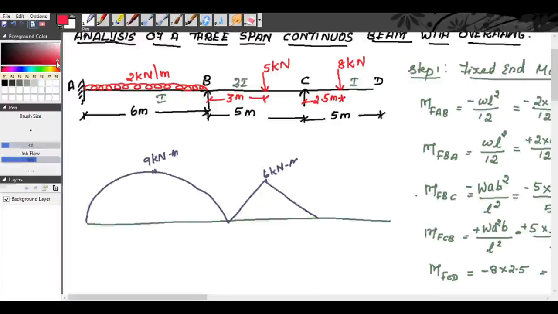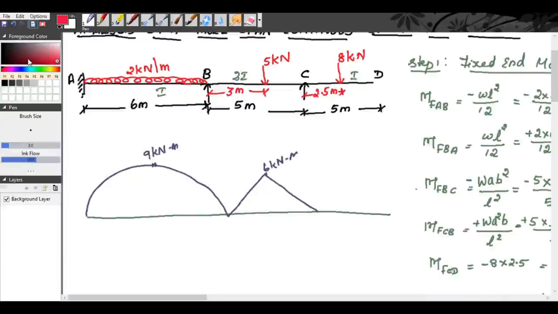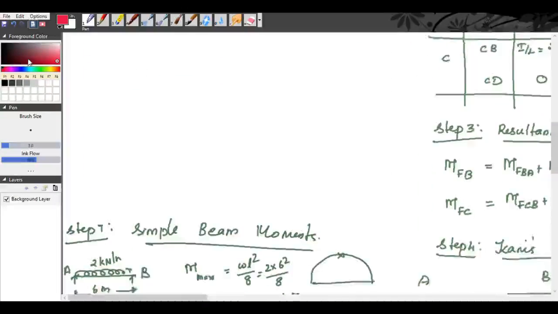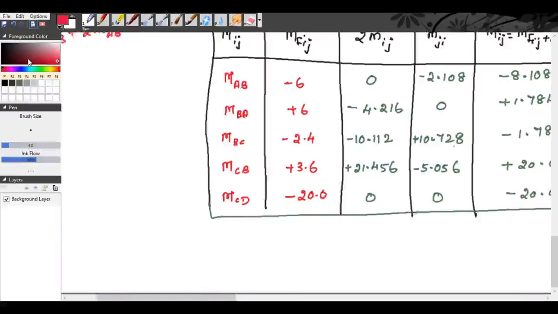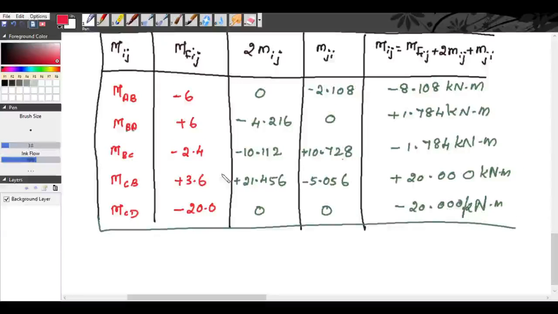Now we can draw the fixed end moments. End moments for ABCD, the final end moments we have calculated in our last step. So these are the final end moments. MAB is minus 8.108.